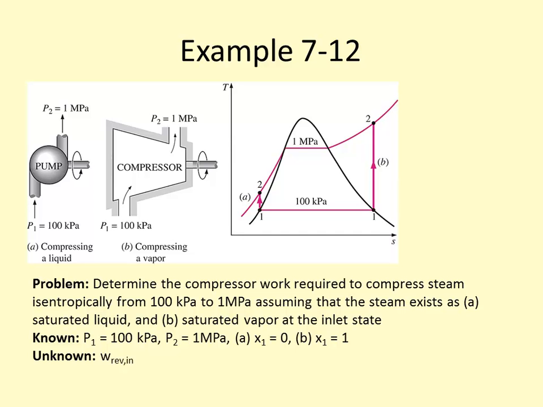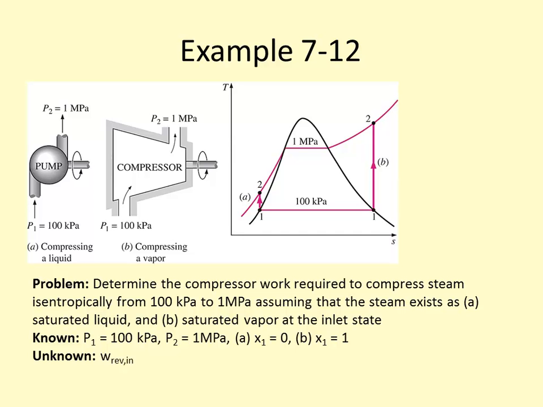Now we need to find the property values at the second state, 1,000 kilopascals. What is our second independent property value that allows us to fix the state? Entropy. We're told in the problem that it's compressed isentropically, so S2 is equal to S1.